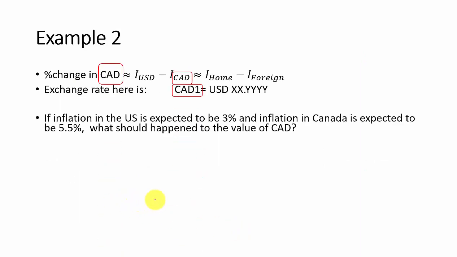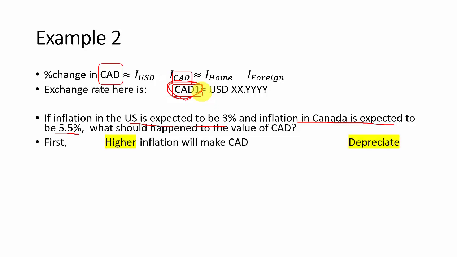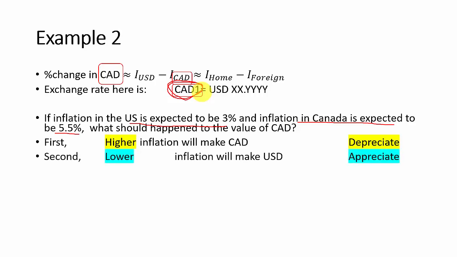If the US inflation is expected to be 3% and the expected inflation in Canada is about 5.5%, what should happen to the value of the Canadian dollar? Higher inflation in Canada will make the Canadian dollar depreciate, and lower inflation will make the US dollar appreciate.